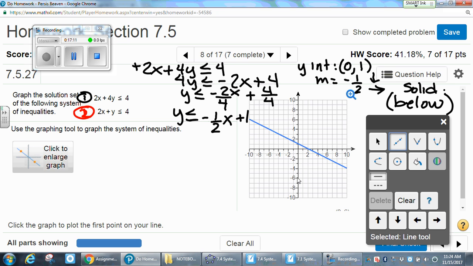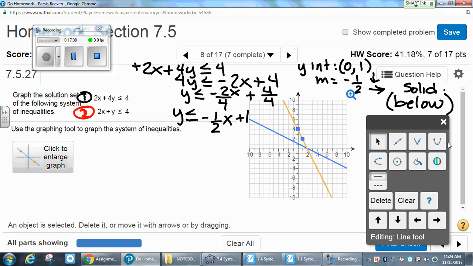It was (0, 4). Oh, yeah, true. So 4, and then the slope is going to be negative 2. So 2 down, 1 to the right.